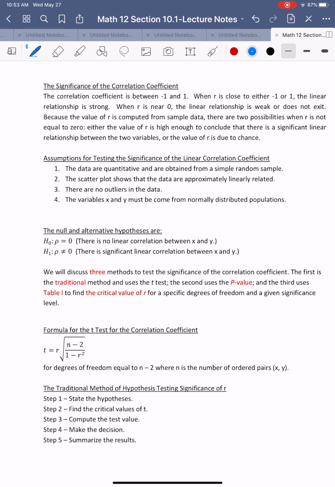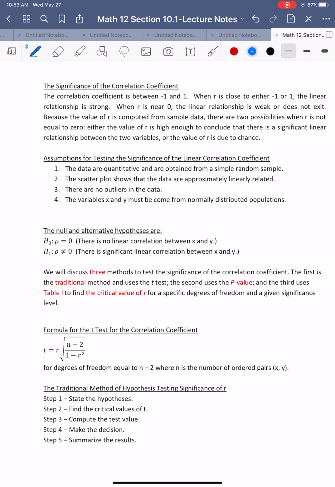And number 4, the values x and y must come from a normally distributed population. So the null and alternative hypotheses are: H0 is rho equals 0, and H1 is rho not equal to 0.